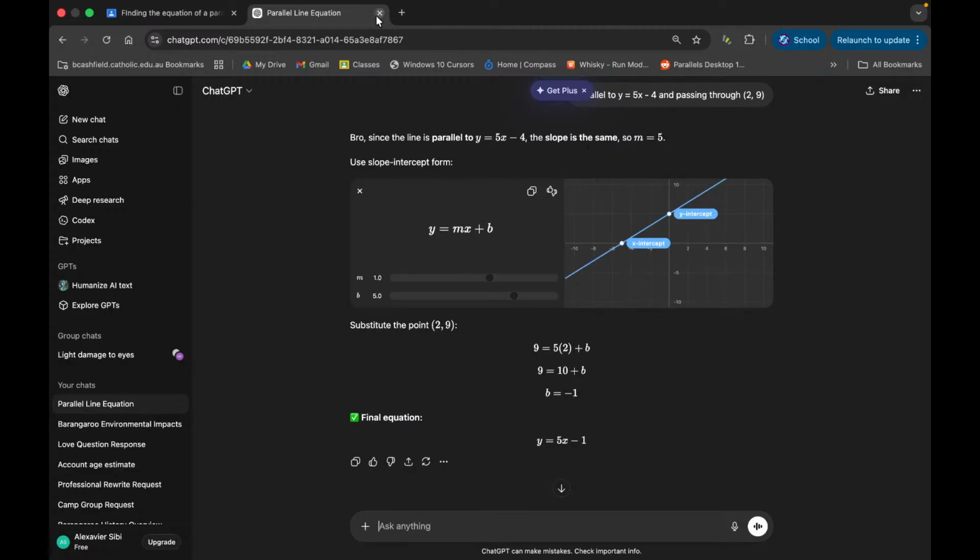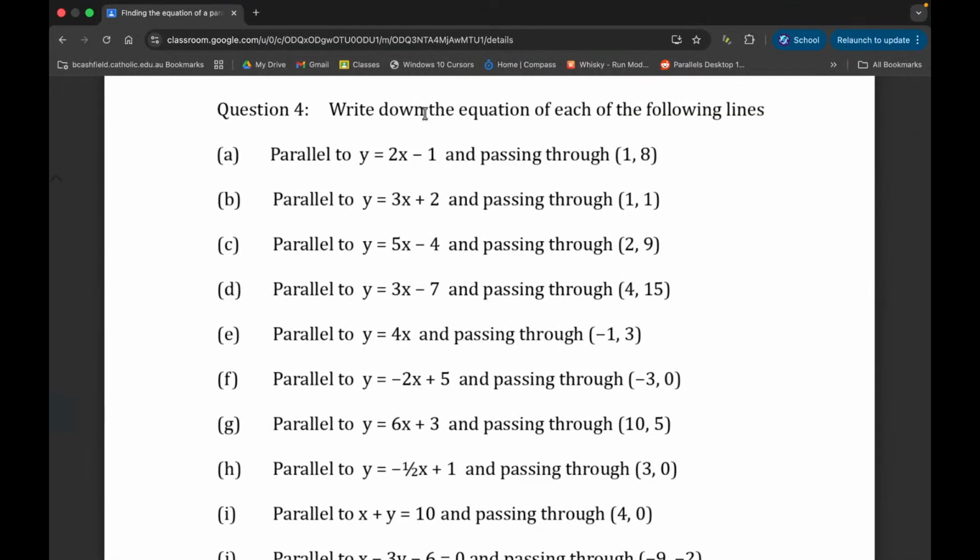Oh, I forgot a very important step that you have to do. When you're substituting everything, you don't go from 9 equals 5x, it becomes 9 equals 5 times the x, so 5 times 2 plus c.